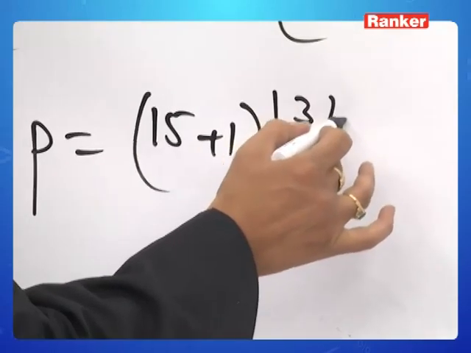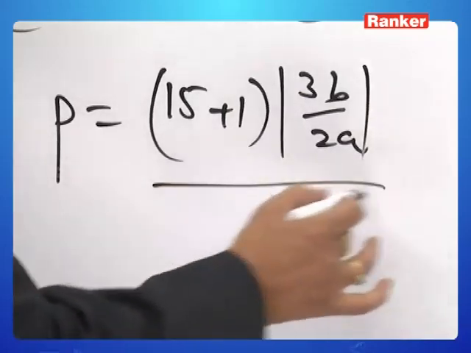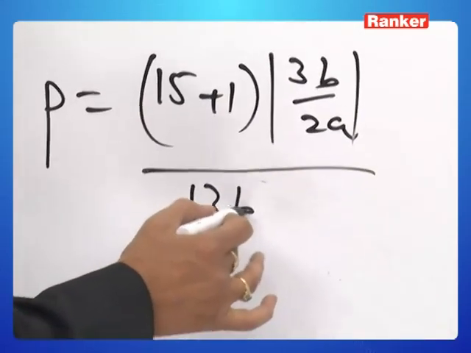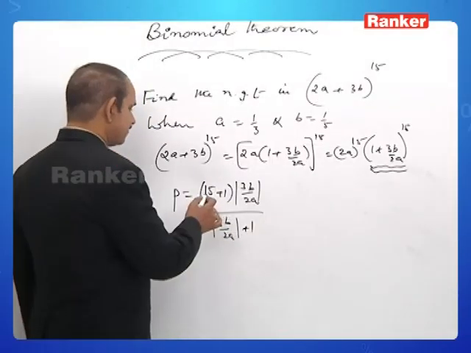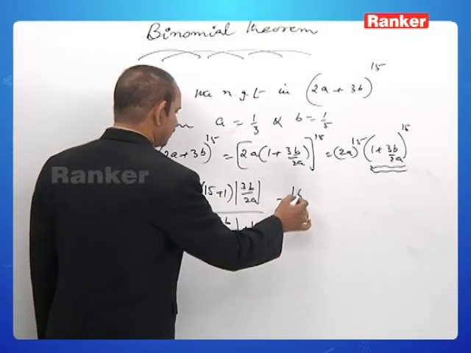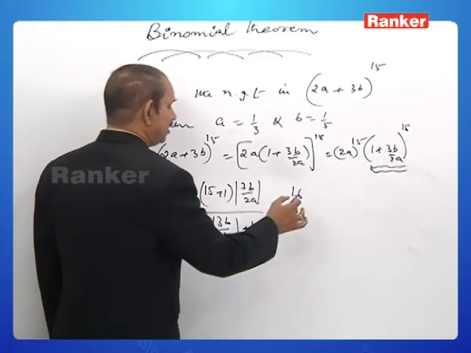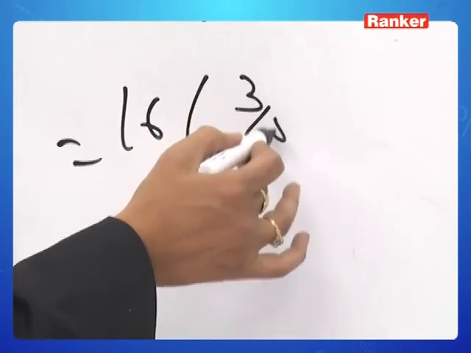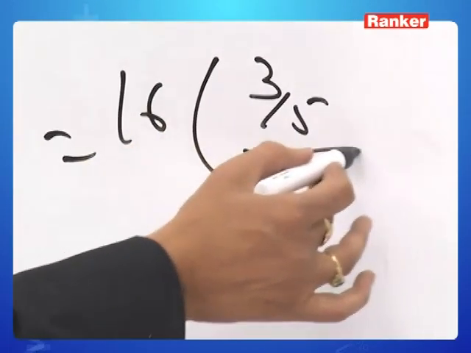What is the quantity which is in the place of x? 3b by 2a by mod 3b by 2a plus 1. What is 15 plus 1? 16. What is 3b? b is 1 by 5. 3b is 3 by 5. 2a, a is 1 by 3. 2a is 2 by 3.